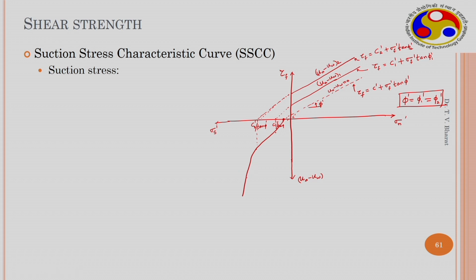This is the uncorrected suction stress characteristic curve, and if this is corrected and made to go from the origin, then it becomes somewhat like this. So, this is the corrected SSCC, suction stress characteristic curve.